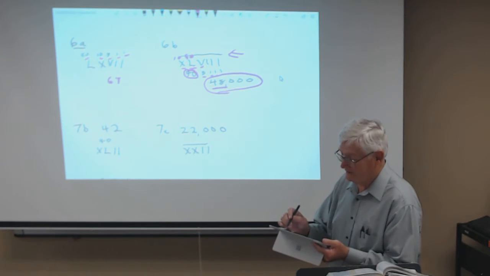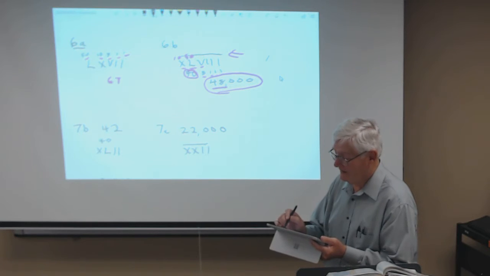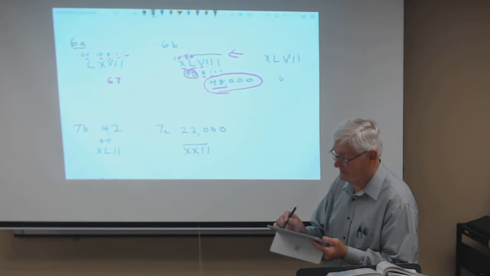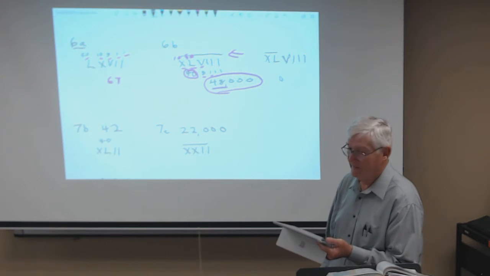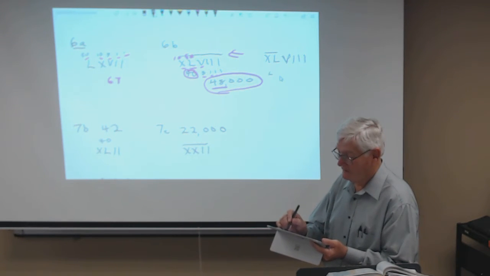Watch this. I'm going to change this a little bit. What if this would have said X, L, V, I, and it was over that. The line was over that. What would that be? What's XL? 40 what? 1,000.